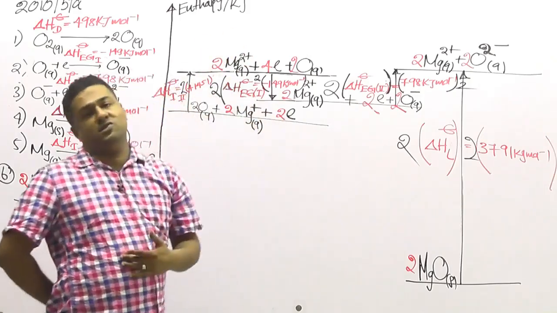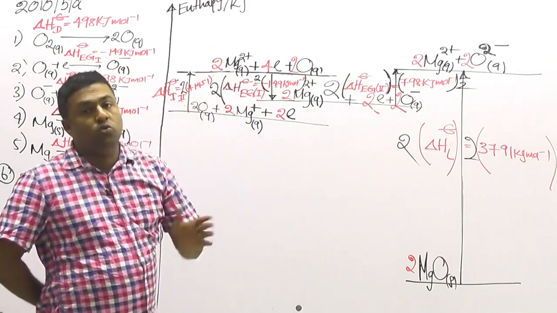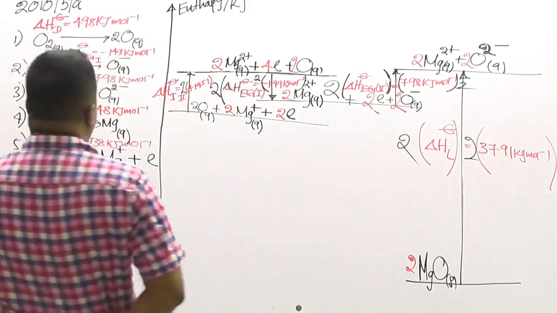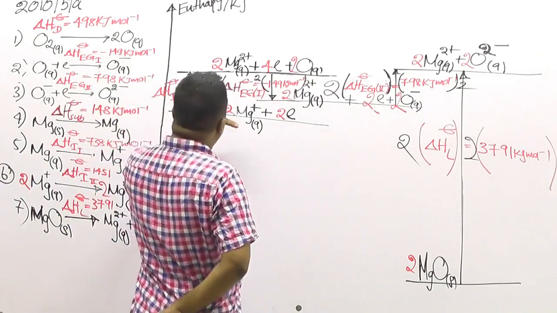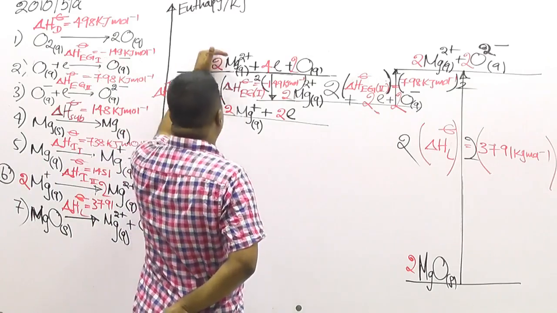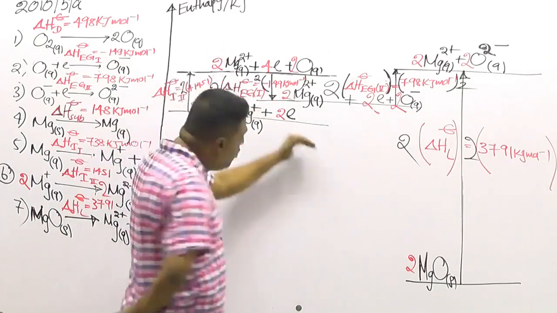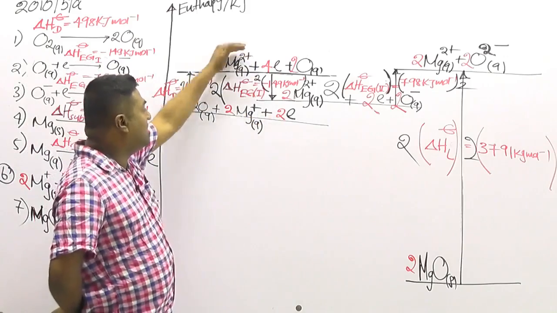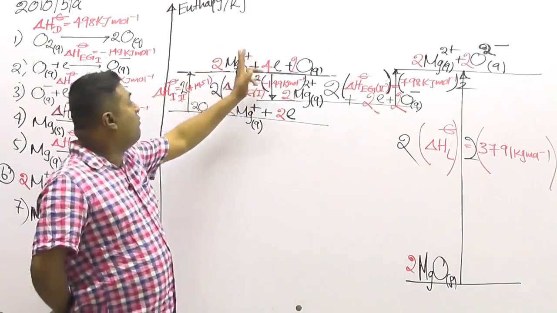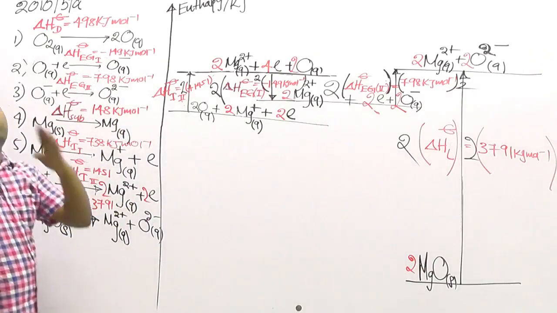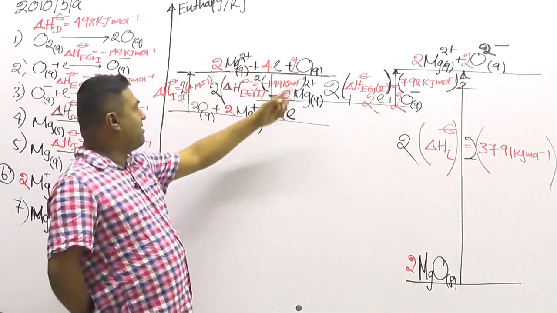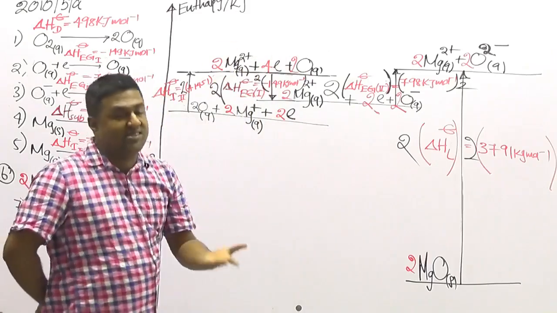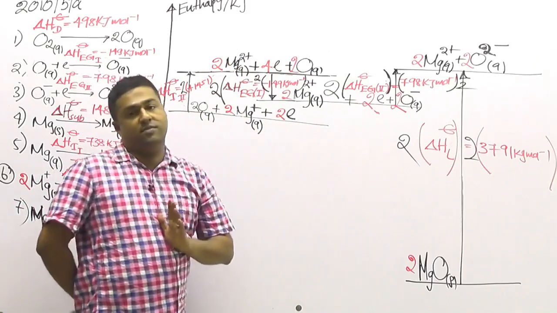Here you have 4 electrons, and this conversion produces only 2 electrons, so you need 2 more electrons to balance this equation.